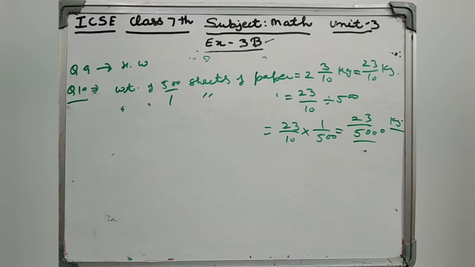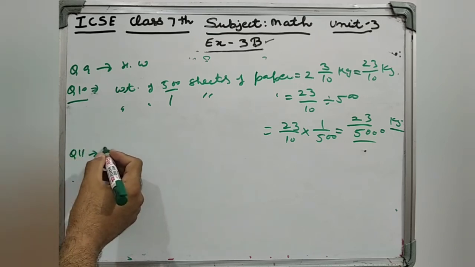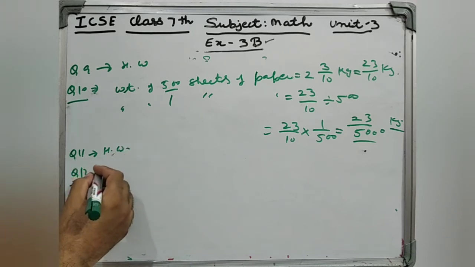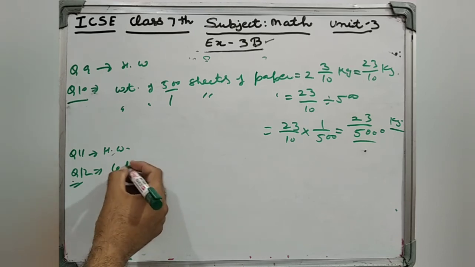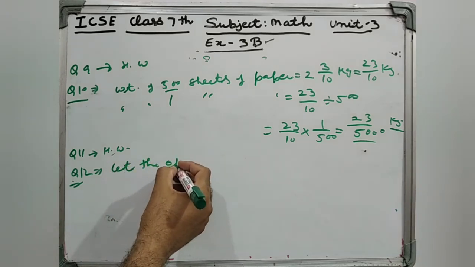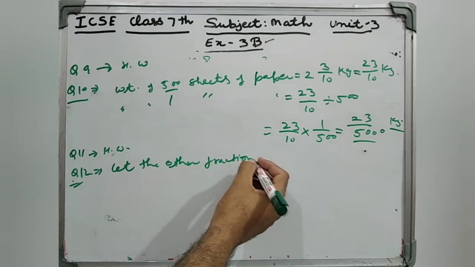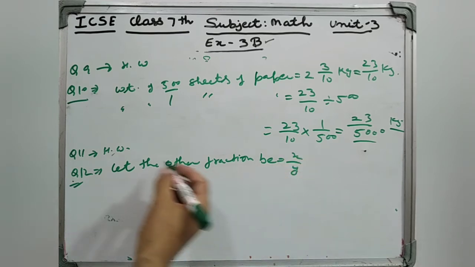Right? Now question number 11 is also your homework. Simple, you can do it at home. Question number 12. The product of two fractions is this. If one of them is this, find the other. Let the other fraction be equal to x upon y.